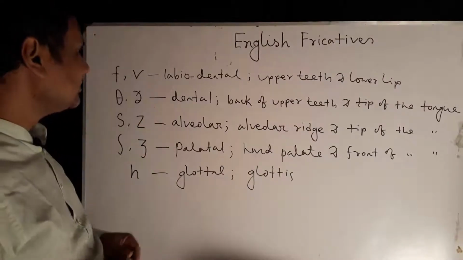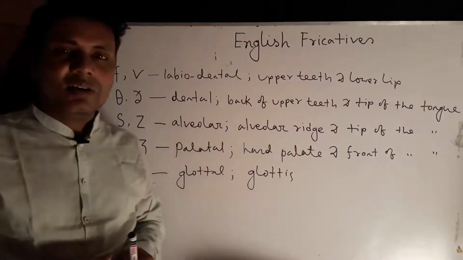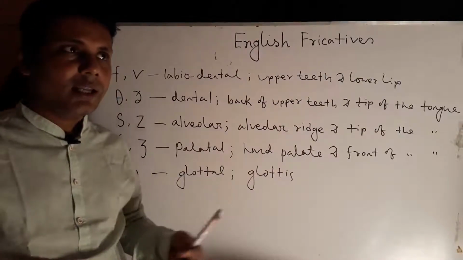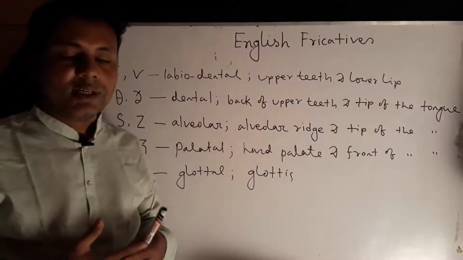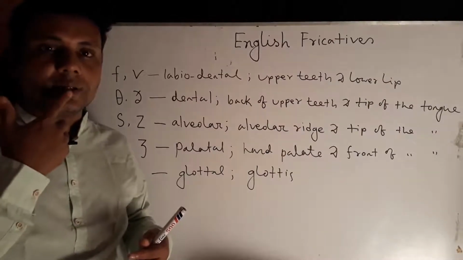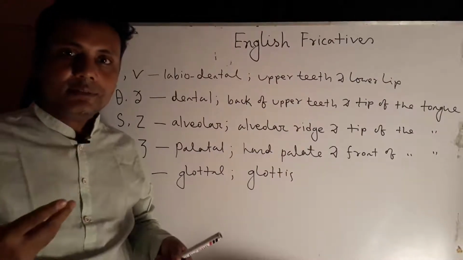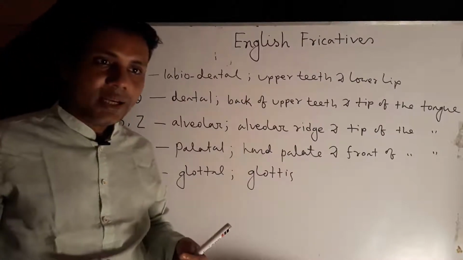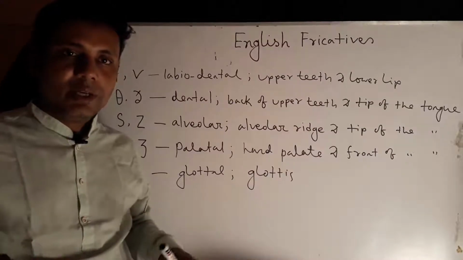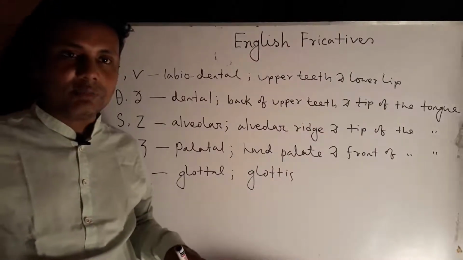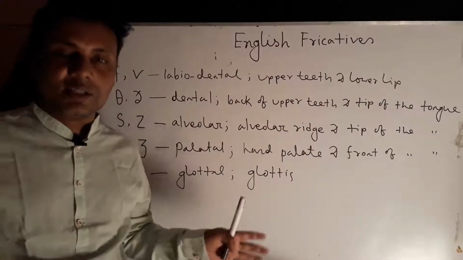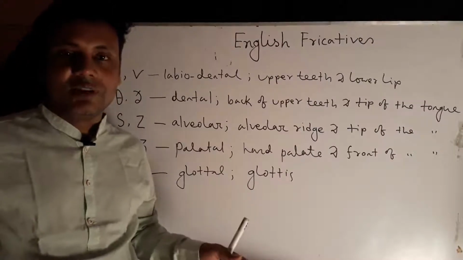And va, in pronouncing the va sound, many Bengalis pronounce it using two lips, by making contact between the two lips, and I saw in my experience that the separation occurs not slowly but very fast.